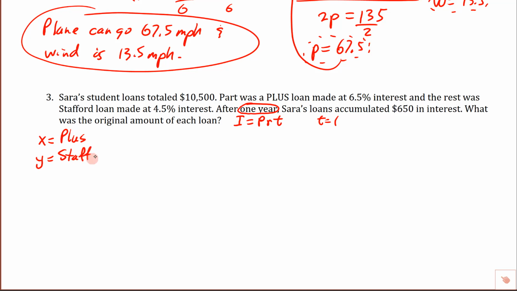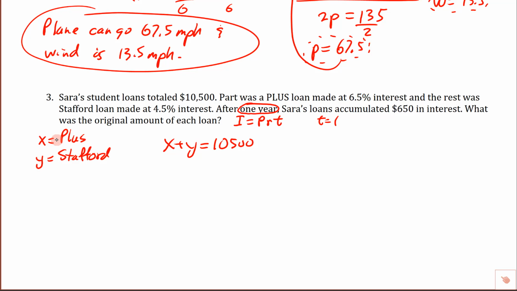These are actually real things. Okay, so let's see. It says the total amount that she borrowed was $10,500. So we're going to do X plus Y is equal to $10,500. And then we've got to figure out what the interest was. Okay, so the interest on the plus loan, that was at 6.5%.